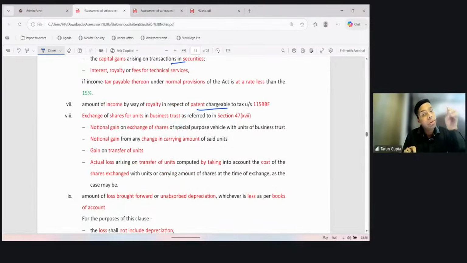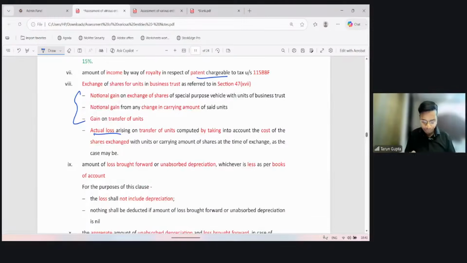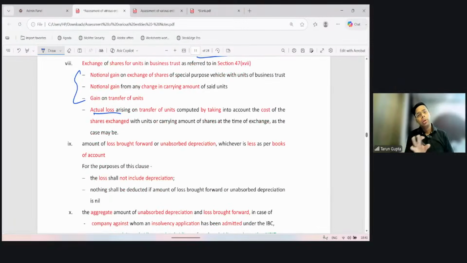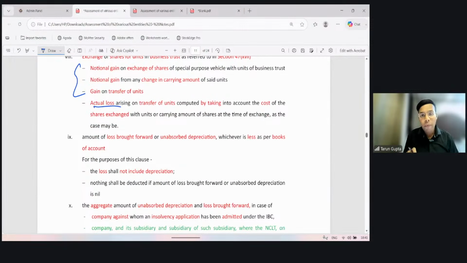Okay. In respect of business trust, as we discussed, all this notional gain is reduced and only the actual loss, if there is any, on transfer of unit by considering the cost of the shares is to be reduced. Now, other things which are to be reduced are amount of loss brought forward or unabsorbed depreciation, whichever is less as per books of account.